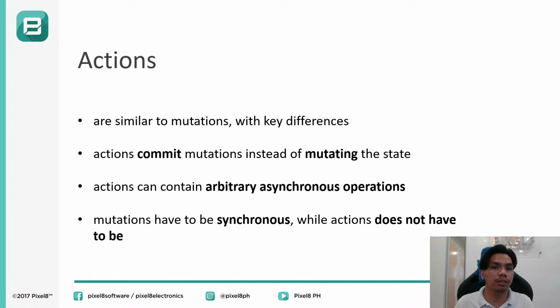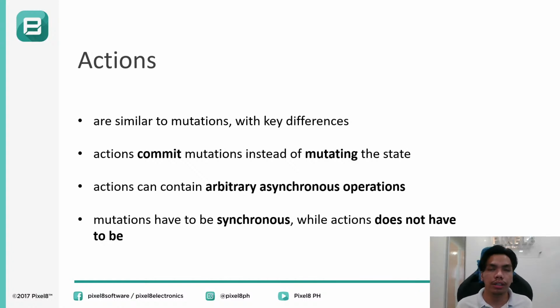Since actions can contain asynchronous operations, how do we determine which function has already finished and which has not yet finished? How do we determine the state of the Vuex store if actions can modify it in an unpredictable fashion, due to actions having asynchronous operations?